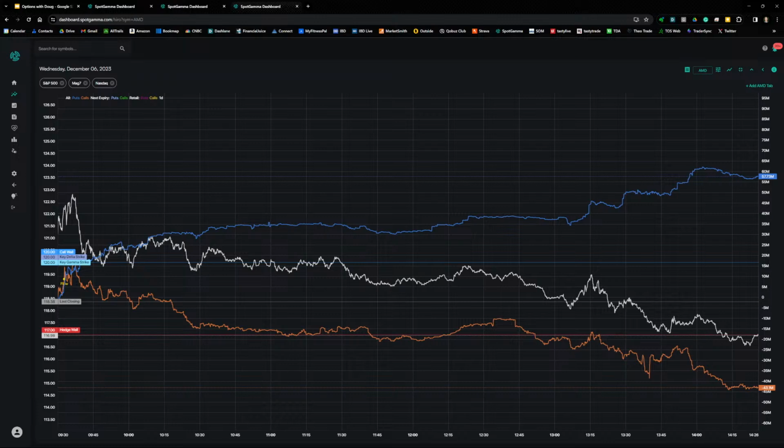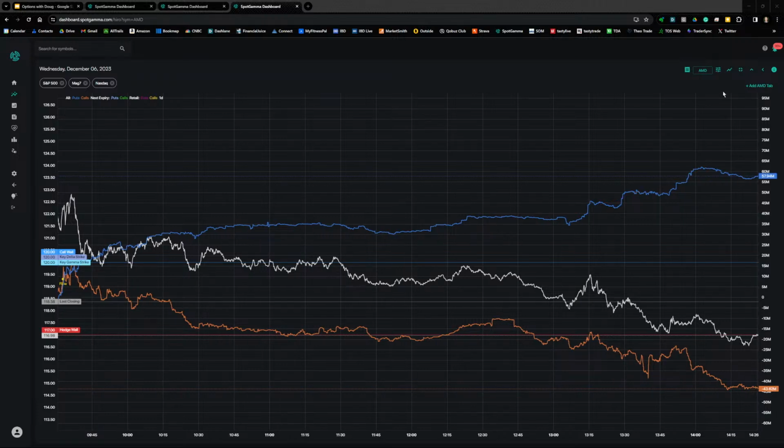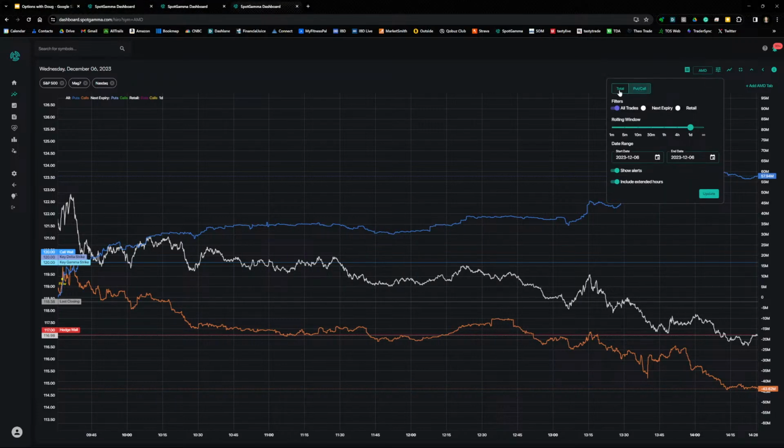And interesting divergence right around 1 o'clock. Traders start selling puts more aggressively. They also start selling calls. Let's go back to the total signal.